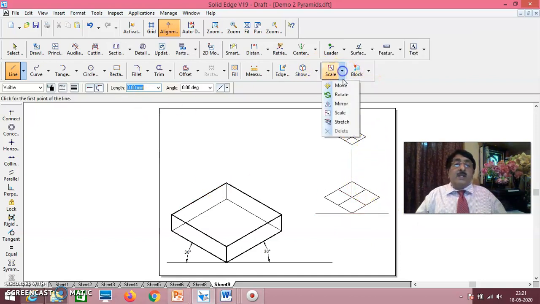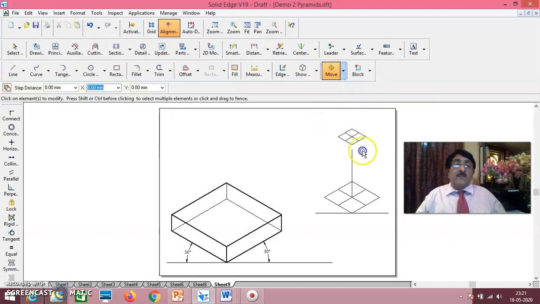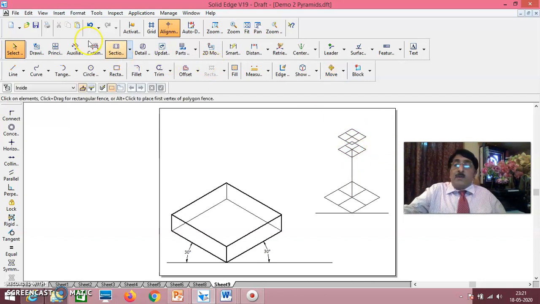Now I'll see here what I'll do. I'll move this with respect to the center here, and I'll put it here at the end of this. See here? I'll undo, I'll show you again.